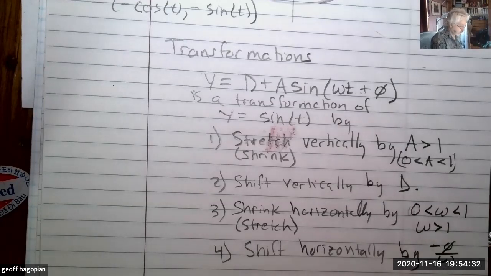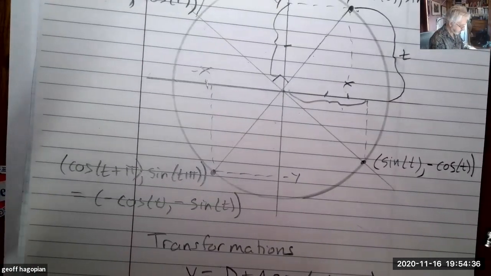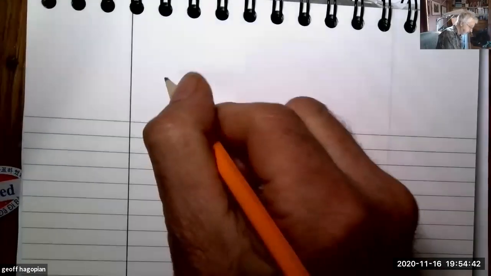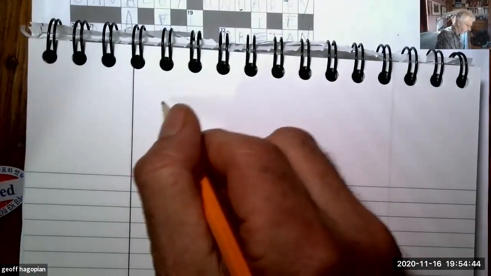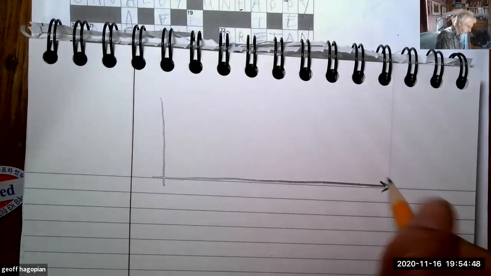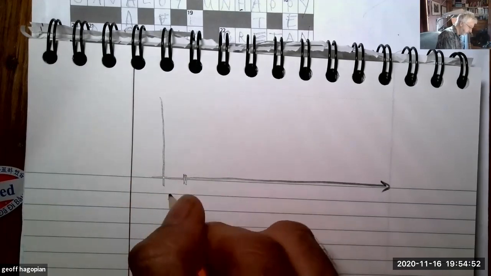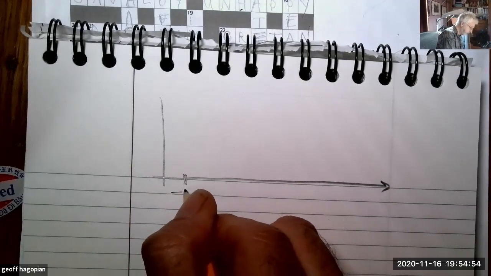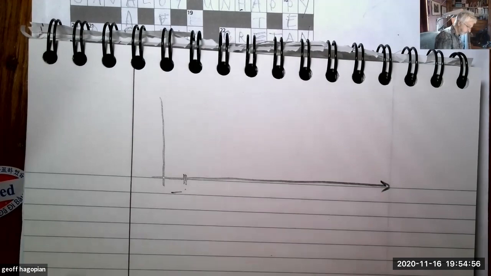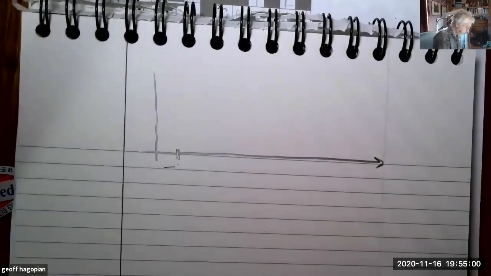Okay, so when you put that all together in the form of a graph, let's do that. So, transformation of your basic sine graph. Let's say that this is our horizontal shift. So I'm going to say that this is negative phi over omega.